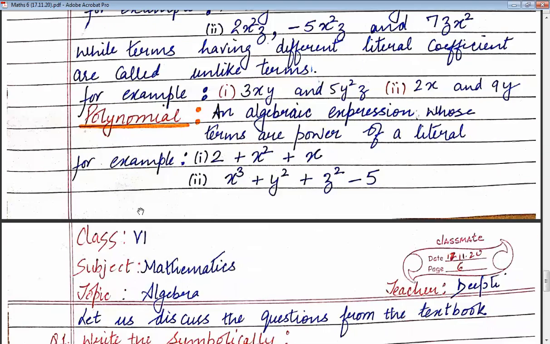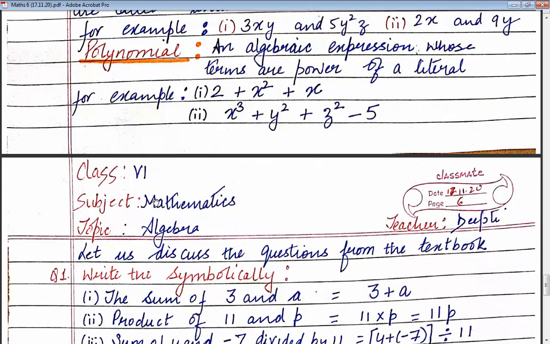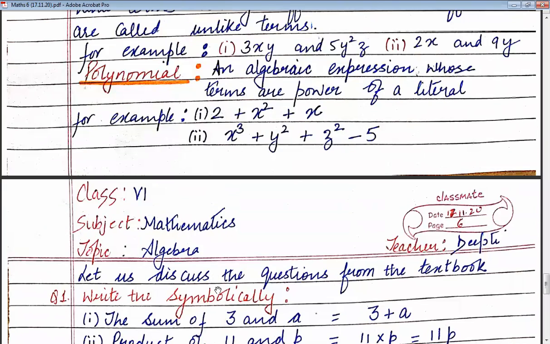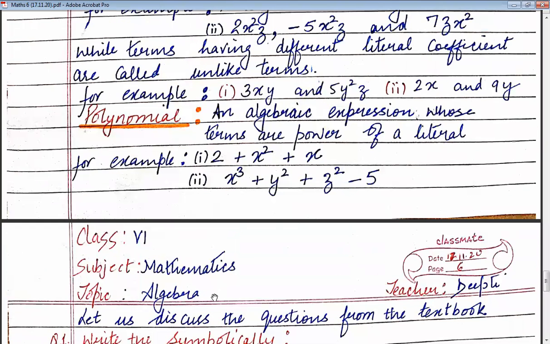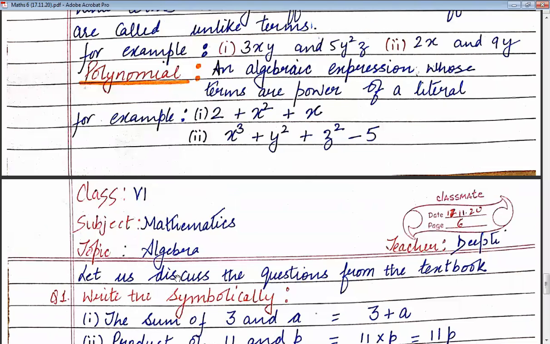Now children, let us discuss the questions from your textbook. I have selected a few questions from your textbook and now let us discuss the questions one by one. Now, question number 1. Write the statement symbolically.